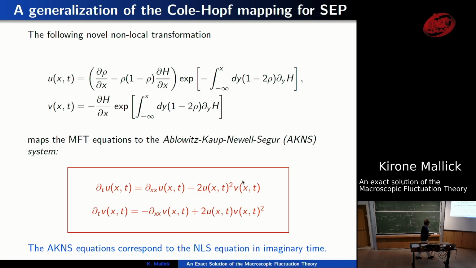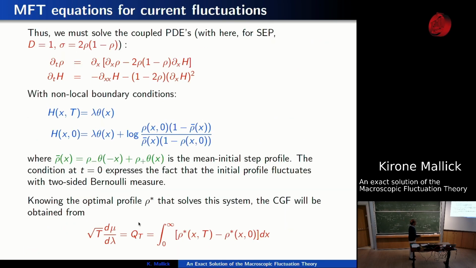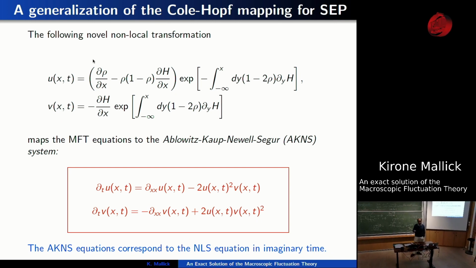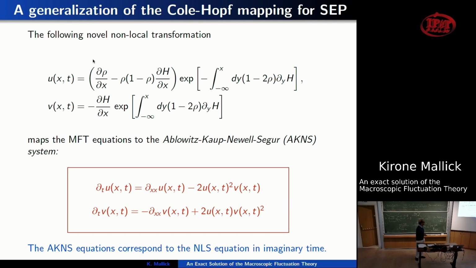And the nice feature is that these two equations, which are very symmetric and now very beautiful, and which are perfectly equivalent to the initial IPhT equations, are known for a long time to be exactly solvable. They are in fact a real-time analogue of the nonlinear Schrödinger equation, and they are known as the AKNS, Ablowitz, Kaup, Newell, and Segur equations.